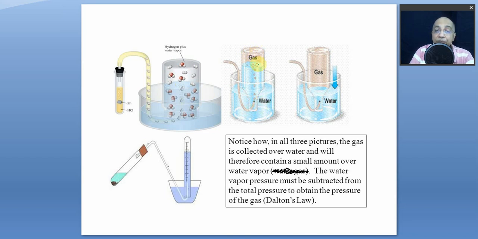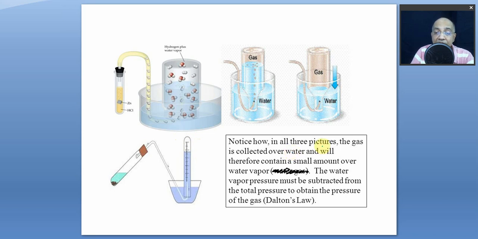The pressure of that water vapor is called the aqueous tension. Similarly here, it is not only hydrogen or any other gas we are preparing, but it is also mixed with some water vapor, and the pressure of that water vapor is called the aqueous tension.